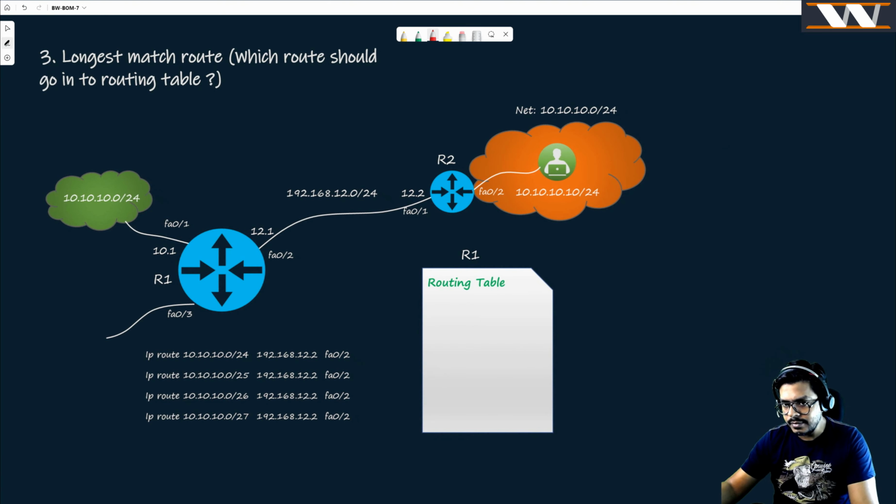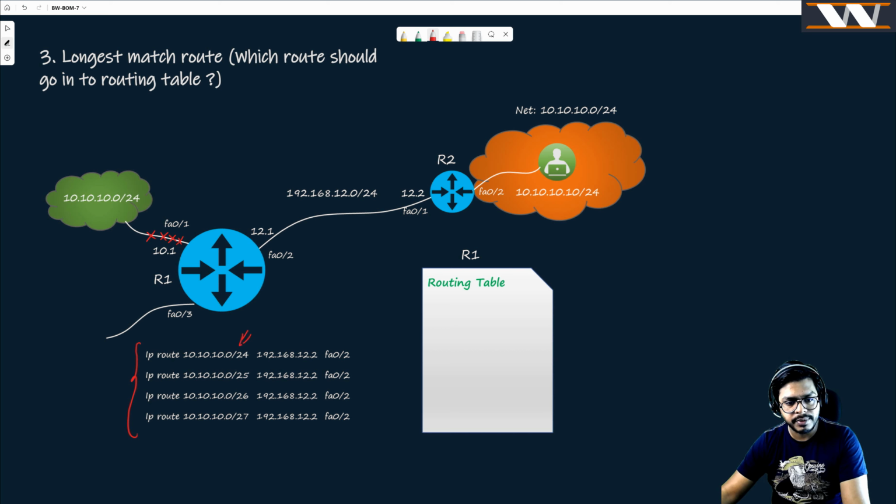Now, I'm taking an example where I have written down these 4 routes. And by the way, guys, just presume for now this interface is down, and I have defined 4 static routes.